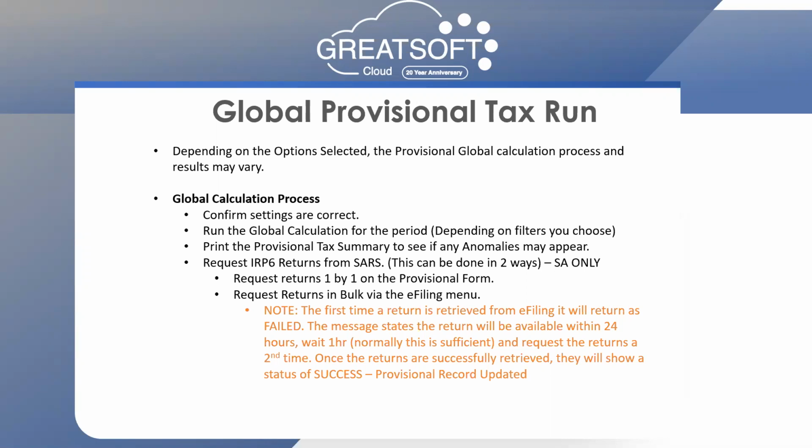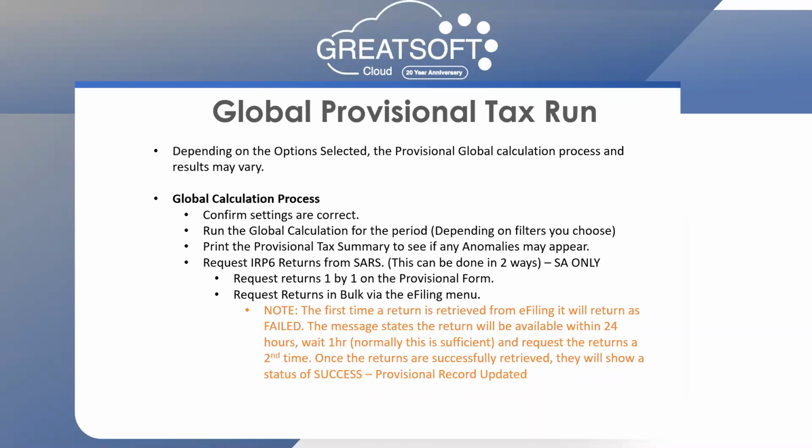Generally, I tell clients to wait 30 minutes to an hour, depending on the volume they've requested, and then re-request the returns. It gives e-filing time to open all of those IRP6 returns individually. Then the next time you request, the system will retrieve the physical IRP6 now that it's open on e-filing.